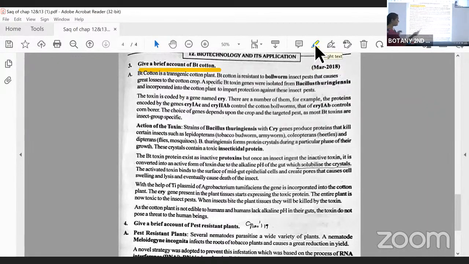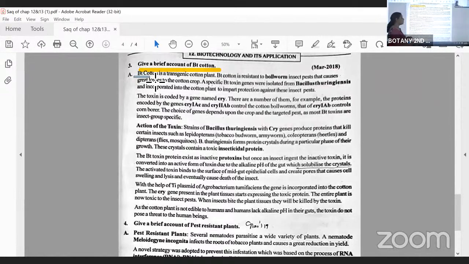For that sake only we made a bacterial resistant variety of the cotton.